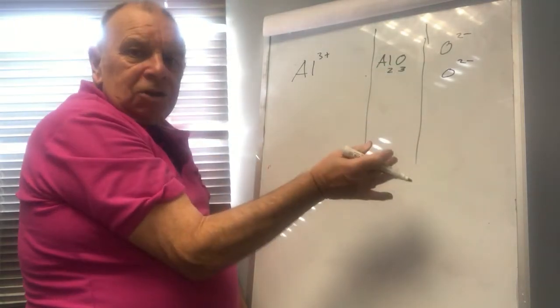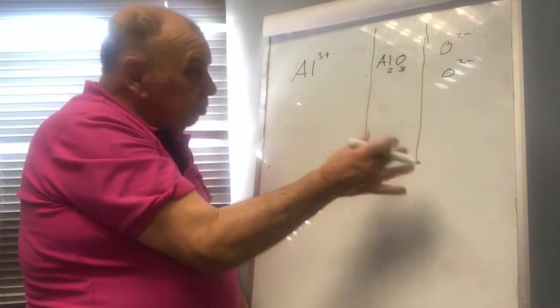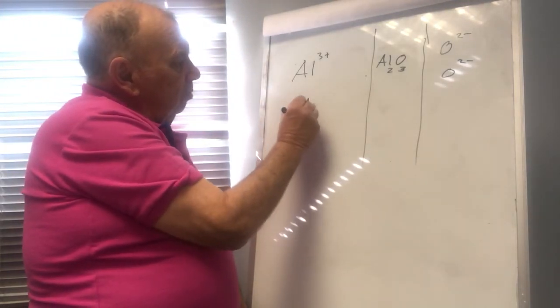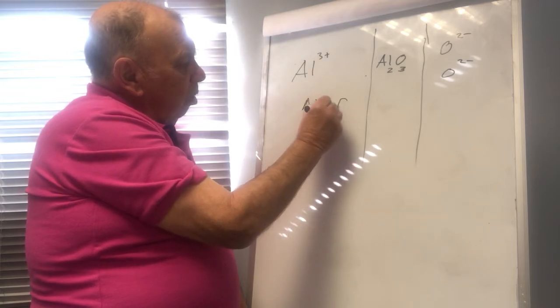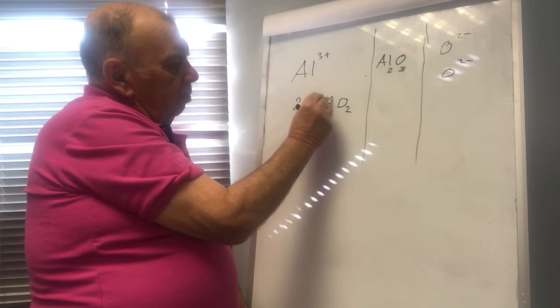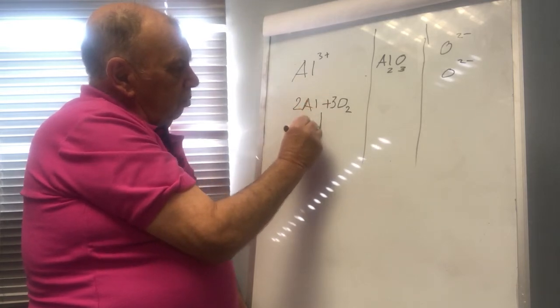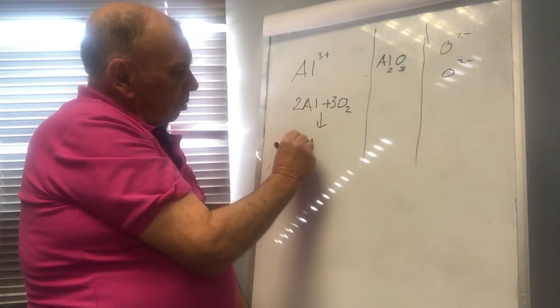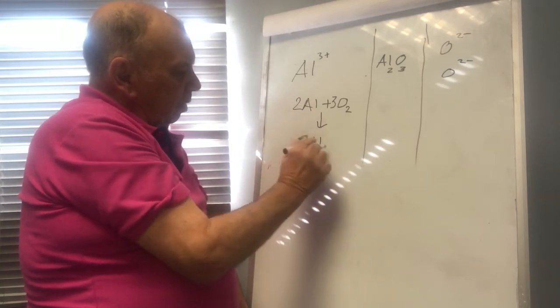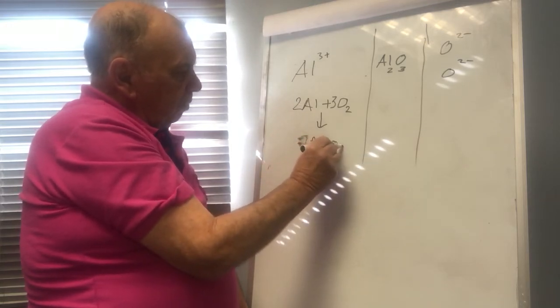And if I balance that equation, it would have been Al plus O2. It would have been 2Al plus 3O2 gives you Al2O3.